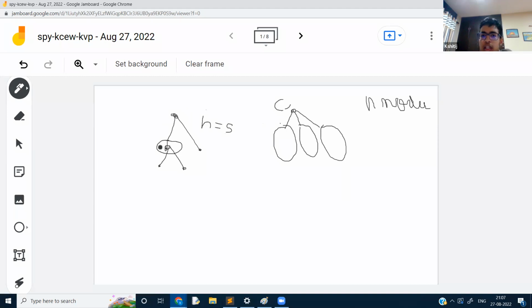So first we will show that each tree has at least one centroid. Let this be the root node of a tree. The size of the subtree below this is obviously n. Now, if any of its children has size more than n by 2, like let these be the children of it.